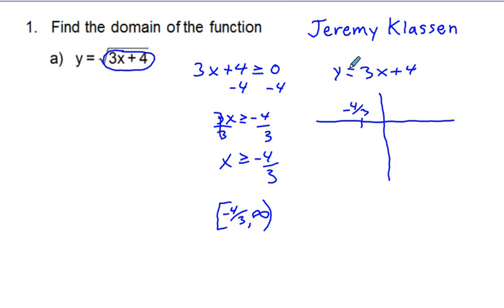Graphing this function, we would get this line, which I'm drawing in red. We could see the value of this function would be positive for x greater than negative 4/3. So translating this to a graphical representation of what's inside the square root bracket can be helpful in figuring out what is really going on here.